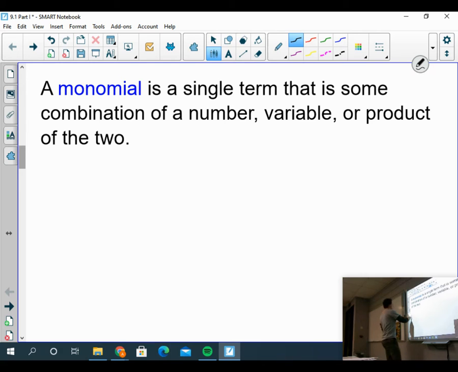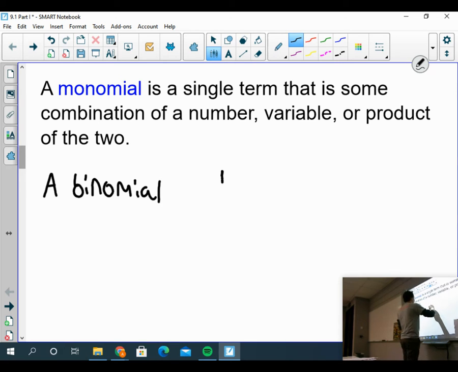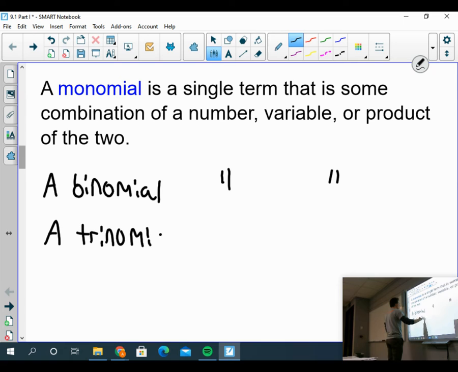Now, a binomial is the exact same thing as a monomial, except instead of a single term, it will have two terms. A trinomial, exact same thing, but it will have three terms.